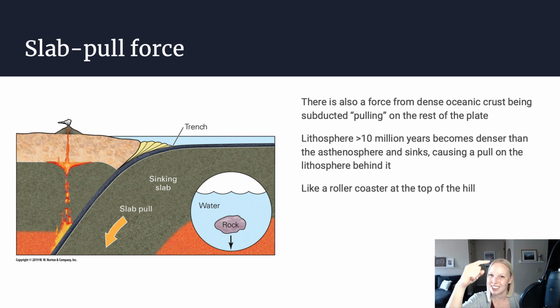That very first hill, you get to the top. And if you're sitting in the back of the roller coaster, you tend to feel more of a force pull you over the top of the hill because there is more roller coaster rounding the bend. So as more of the coaster begins to go down the hill, you feel more of that pull. That's kind of what's happening here in subduction zones. So as that plate begins to subduct, that force pulls a little bit harder on the rest of the plate. That's what we call slab pull force.